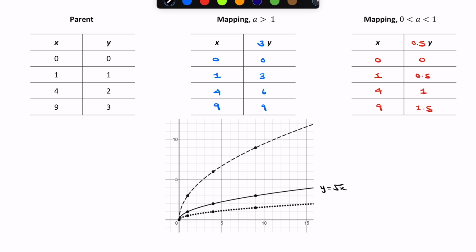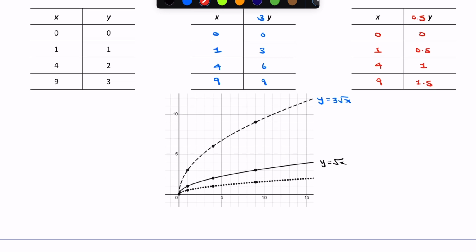And so here, if we think about the vertical stretch, if it's a vertical stretch by a factor of 3, that would be the dotted line that's at the top, and then the vertical stretch by a factor of 0.5 will be the dotted line at the bottom.